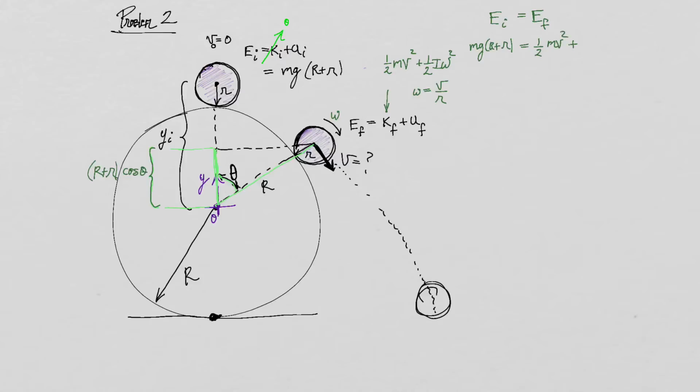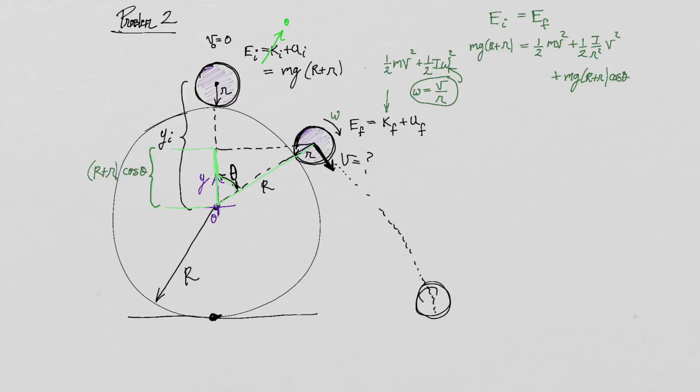Now I will substitute this expression here for omega right in here, and I'll collect terms, and I think you can see that I'll get a 1/2 I divided by little r squared, and that'll also be then times v squared. And then I have to add to this one more term, which is the potential energy, m times g times big R plus little r times cos theta.